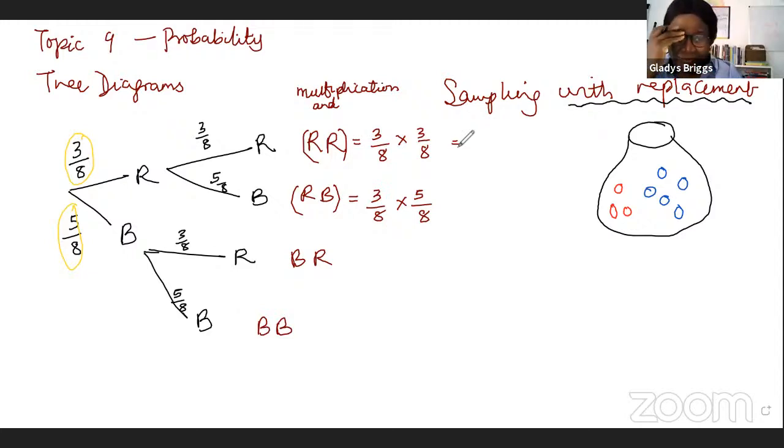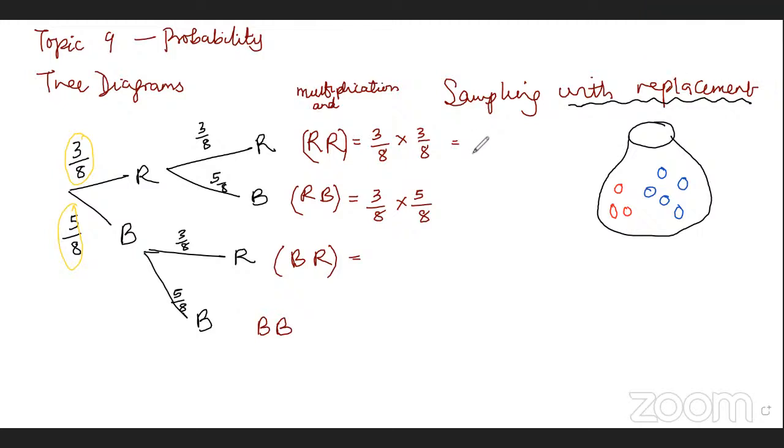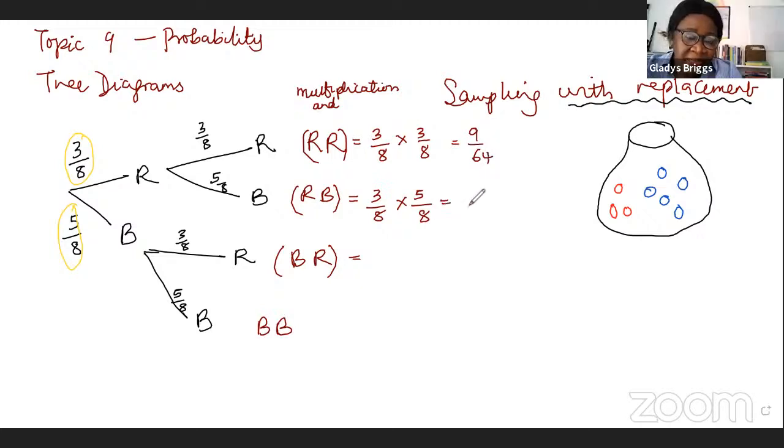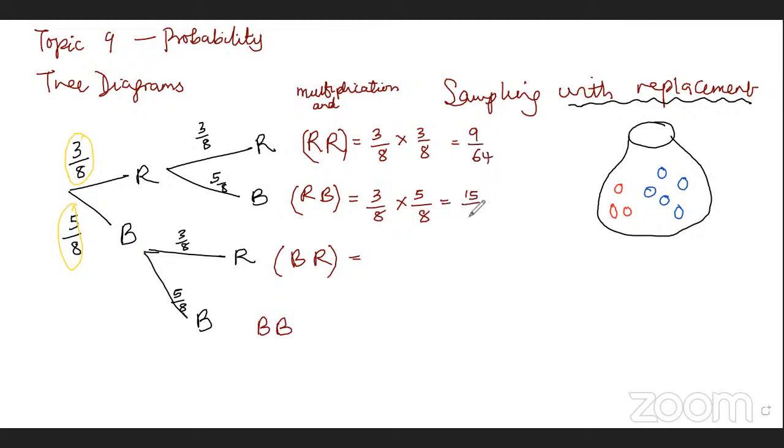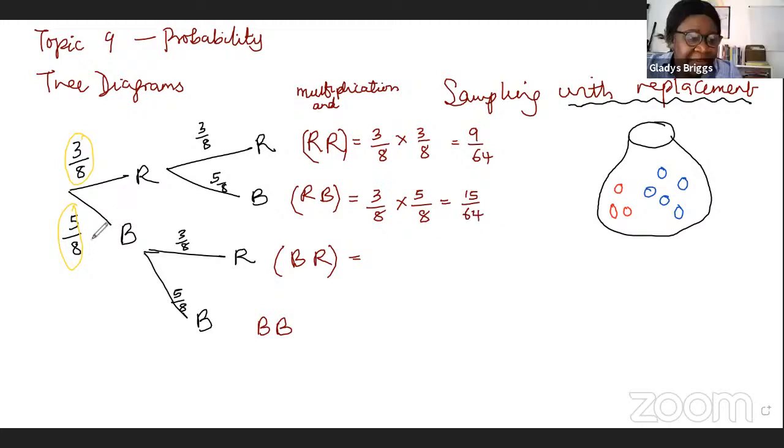Right. So this one, what was this one, Adam or Mahmoud? 9/64. And this one? 15/64. And then 5/8 times 3/8 here is equal to 15/64.